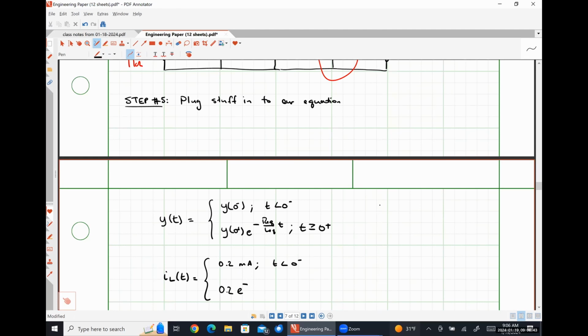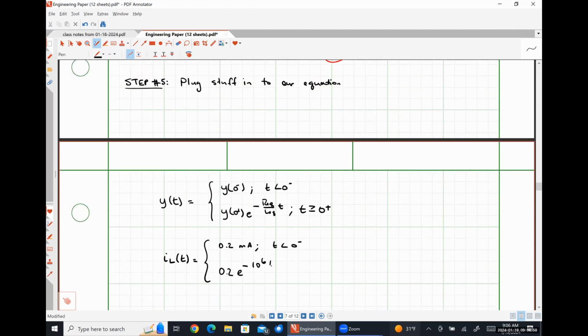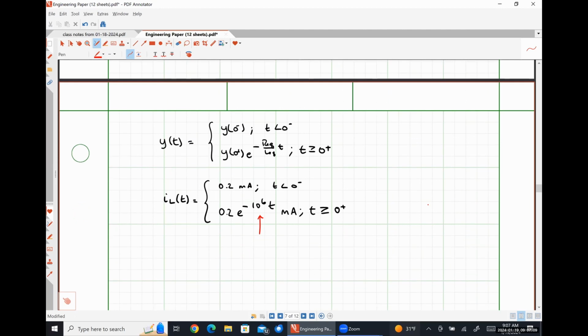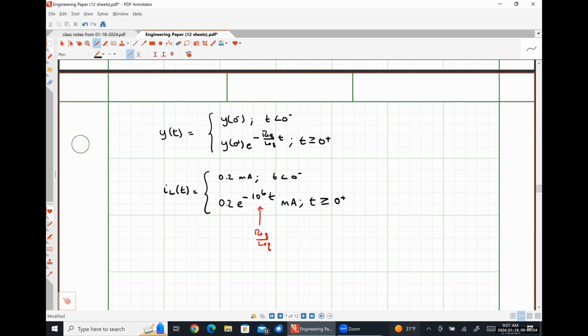So 1,000 divided by 1 millihenry, so 1 times 10 to the minus 3, comes out to be 10 to the 6th, t milliamps for t greater than or equal to 0 plus. I'm just going to put a little note here that this 10 to the 6 is literally just REQ over LEQ. Expressing it as a single number makes it look prettier, which is why I'm doing it.